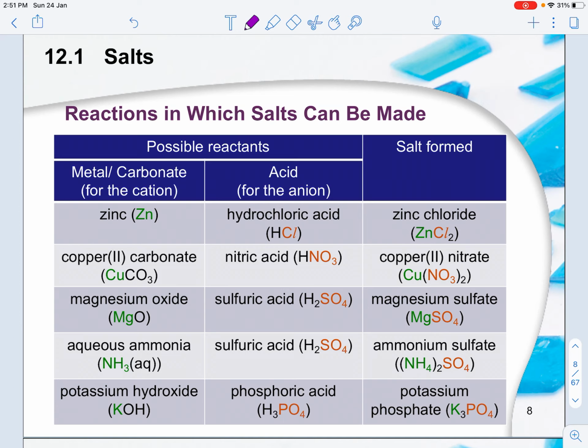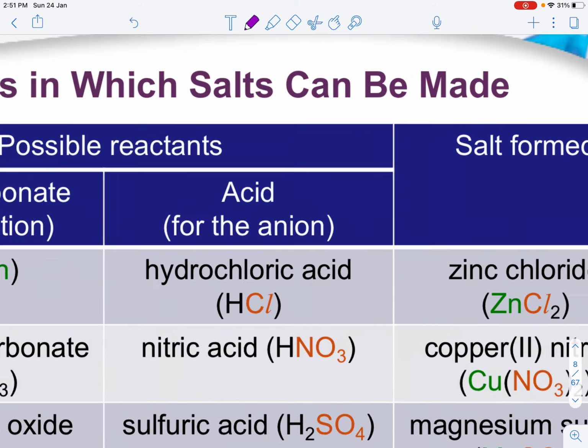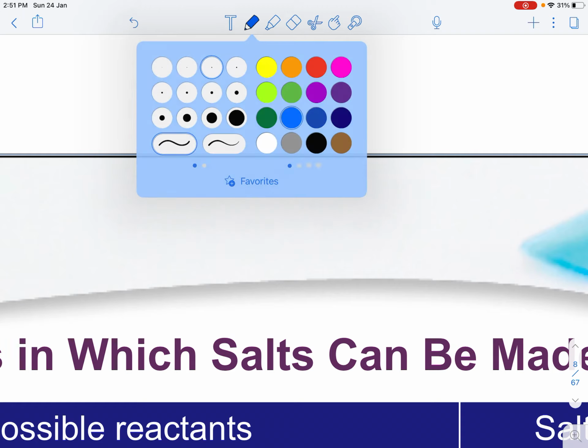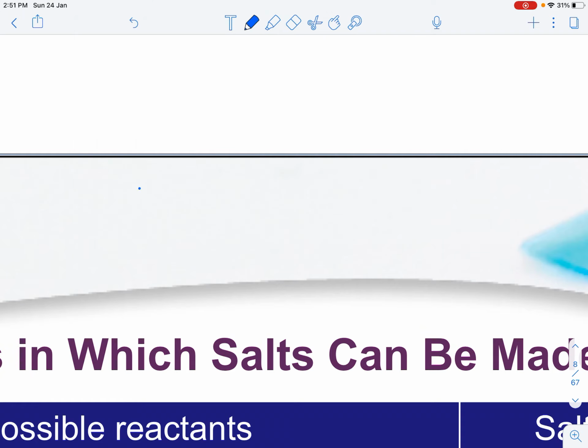So what are some reactions in which salt can be made? We could see that there is either a metal, carbonate, acid, and salt formation. But more importantly, if you remember our 3 general word equations that we actually learnt in the acid-base reaction: a metal, when reacting with an acid, you get the salt plus hydrogen gas.